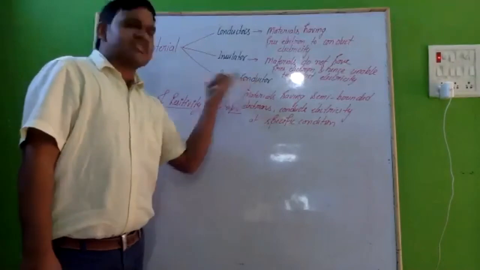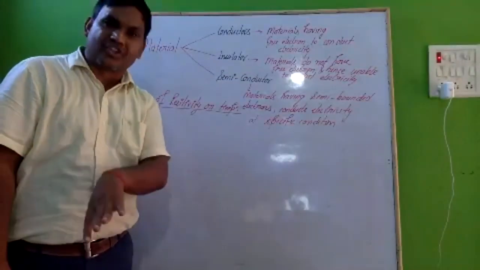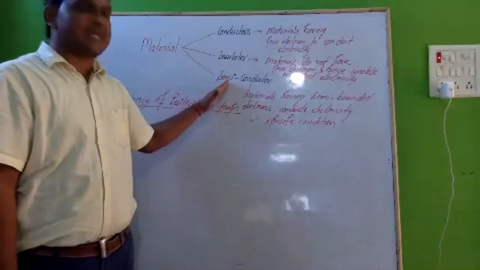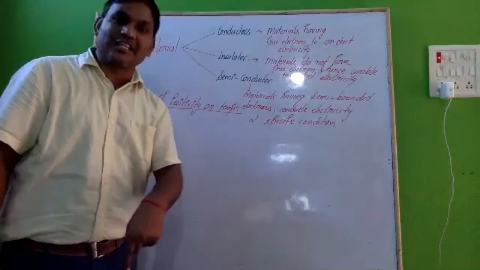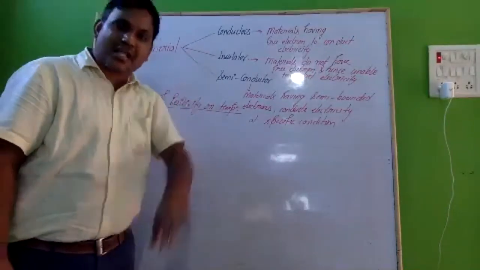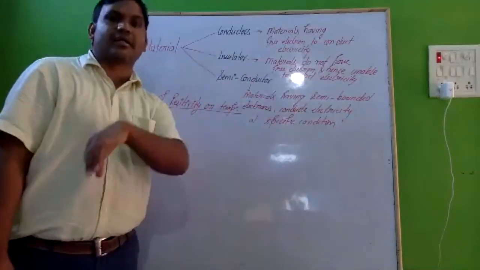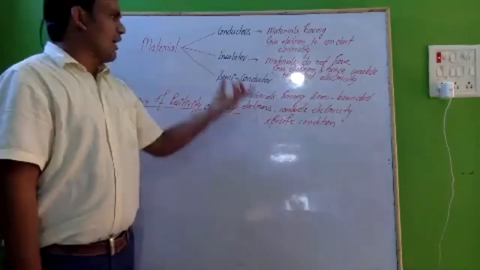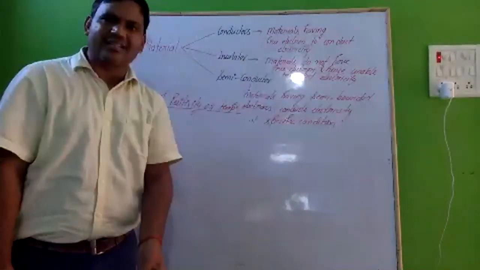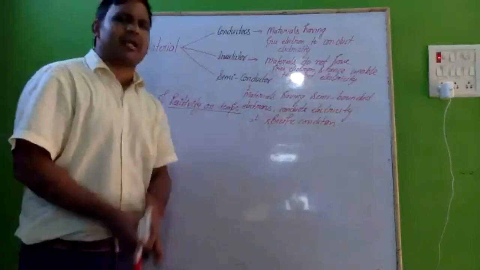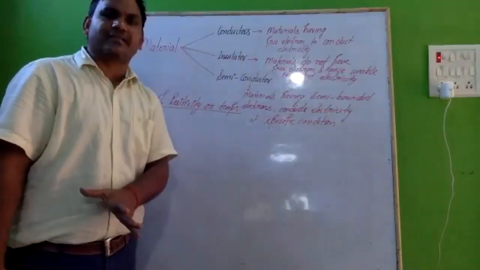If you increase the temperature of a semiconductor, then its resistivity is going to decrease, which means its resistance decreases on increasing the temperature. While the insulator is unaffected, it is not going to change.